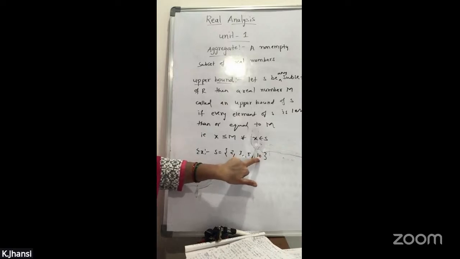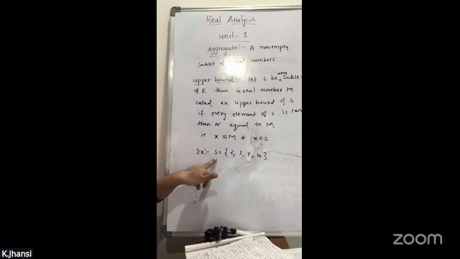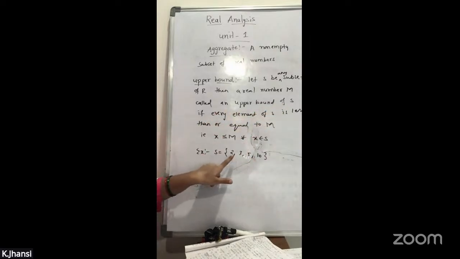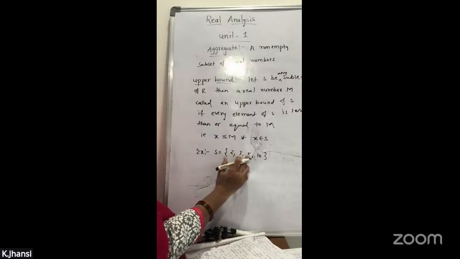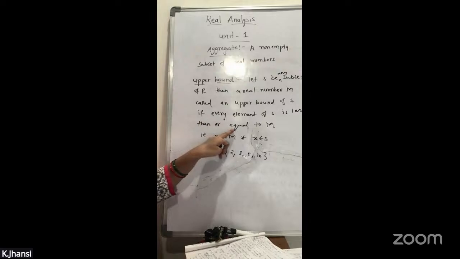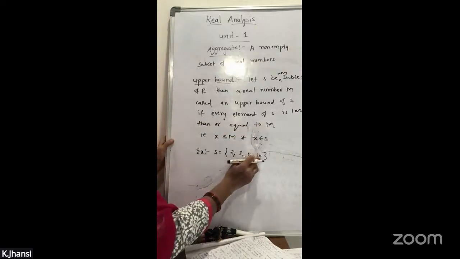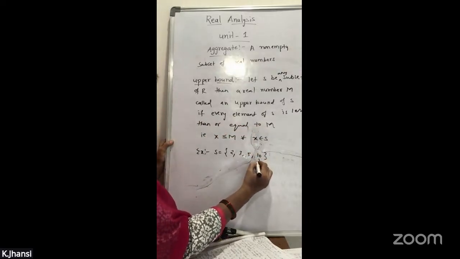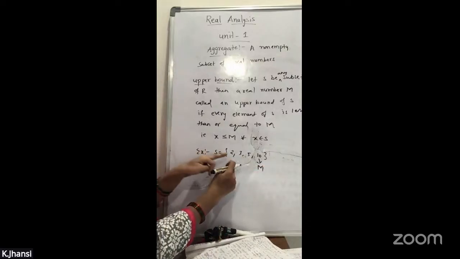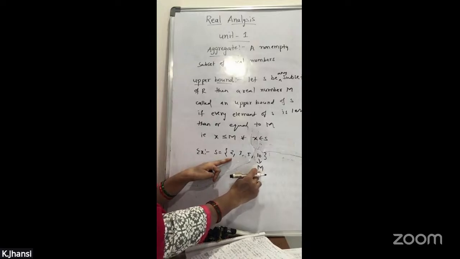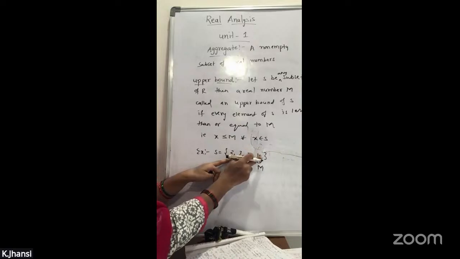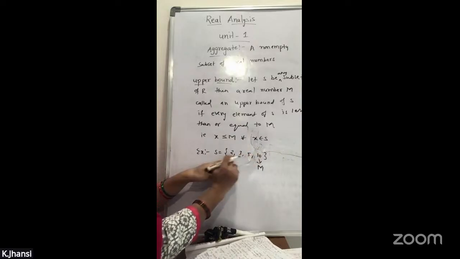So 10 is called an upper bound of S if every element of S, the other elements 2, 3, 5, is less than or equal to M. If you consider 10 as capital M, whatever other elements are there, those are less than or equal to it. We take the equal to symbol because of the number itself as well as the other elements.